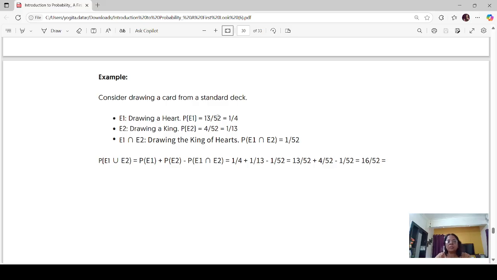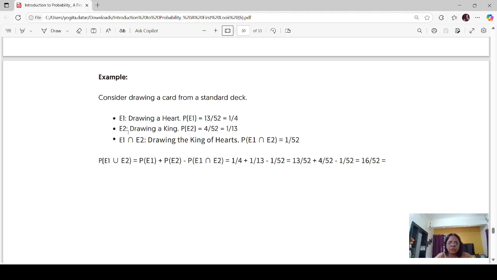So 13 out of 52 gives us 1 by 4. Now in a deck of cards there are 3 types of face cards: jack, queen and king, and out of these face cards there are 4 king cards. So if we are interested in drawing a king card, which is our event E2, then 4 by 52, that is 1 by 13, is the probability.